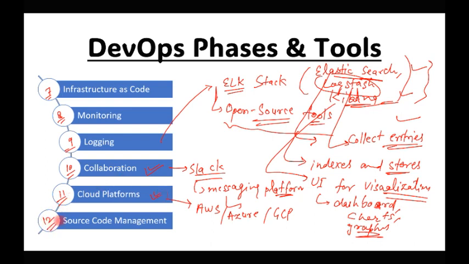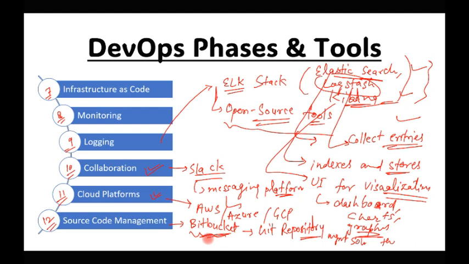Now we have the last phase, that is source code management, and the important tool we have is Bitbucket. What exactly is this tool? It's a Git repository management solution that provides SCM for teams. For hosting Git repositories, code collaboration, and branching strategy, we can use Bitbucket.